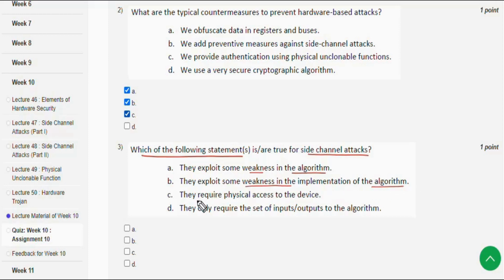Option C, they require physical access to the device. And option D, they only require the set of inputs or outputs to the algorithm. Here option B and C will be the answer. So I select option B and C.